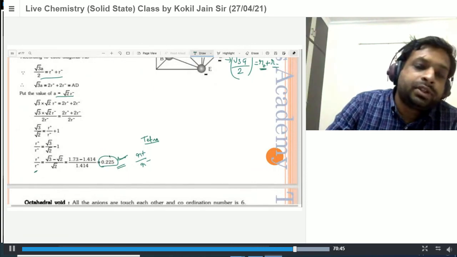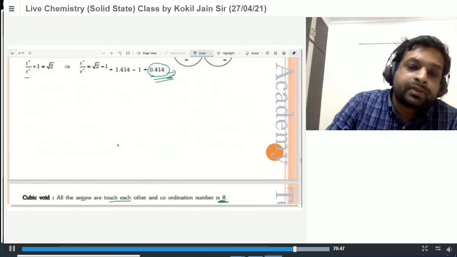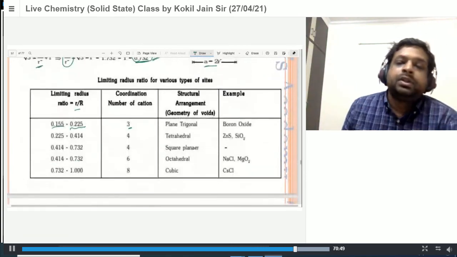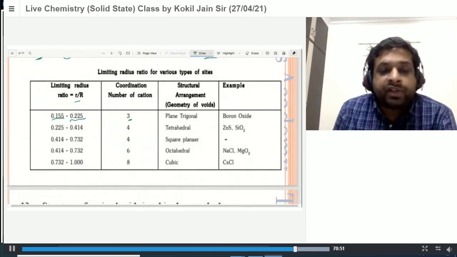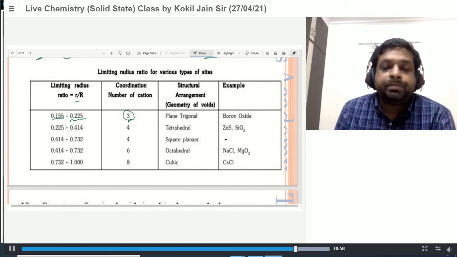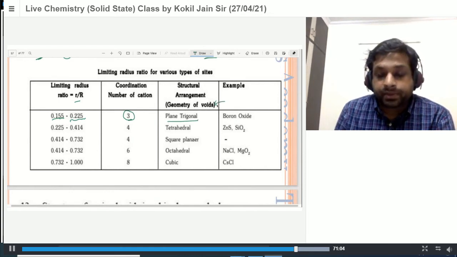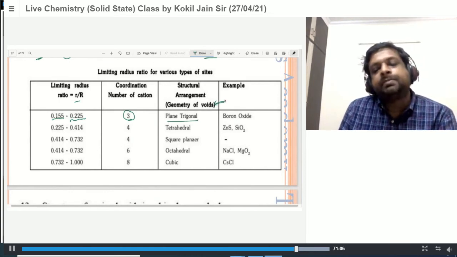Now see this table here. For 0.155 to 0.225, coordination number is 3 only, and we are going to see a planar trigonal geometry where the cation is going to occupy the void space. The example of such an arrangement is boron oxide.